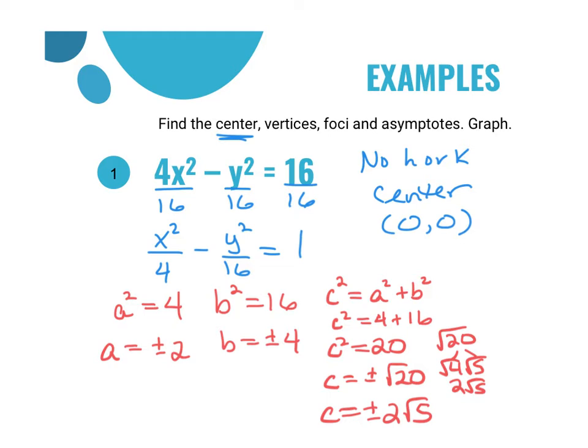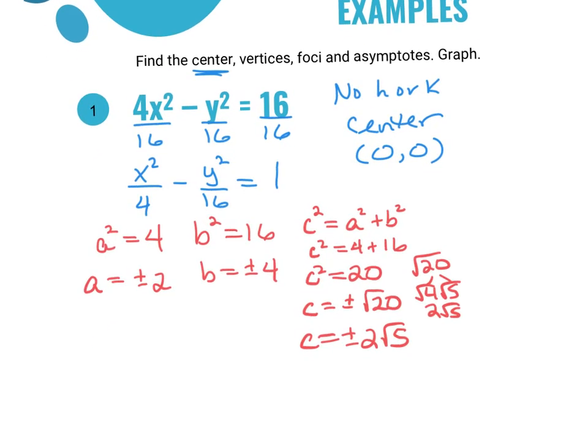All right, so for graphing purposes, now you probably will not be using a calculator for the quiz on Friday. So as far as graphing the focus points, if it's a radical, you can approximate it. So if you think about the square root of 20, think about it being in between these two perfect squares. Square root of 16 is 4, square root of 25 is 5.